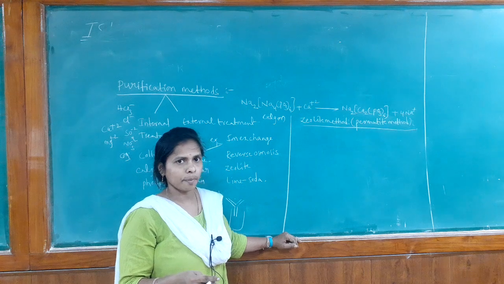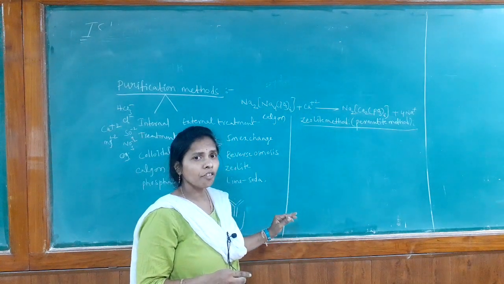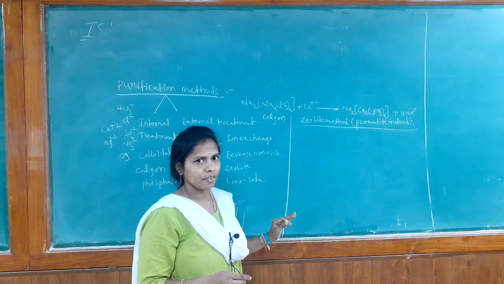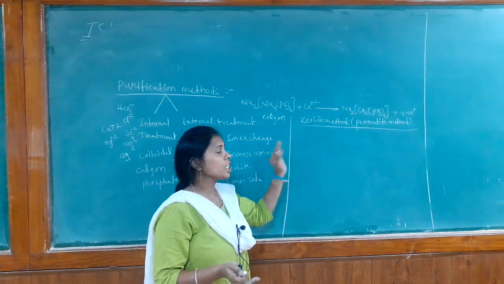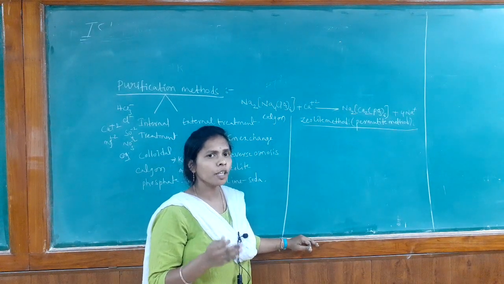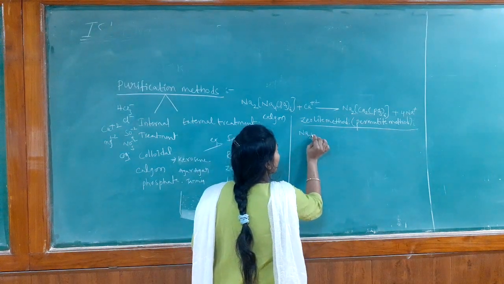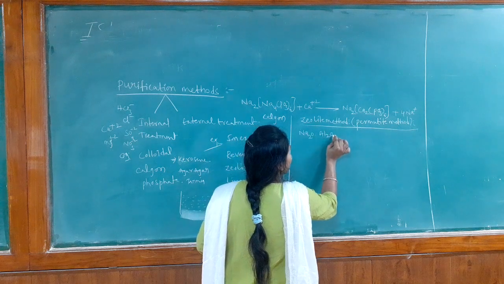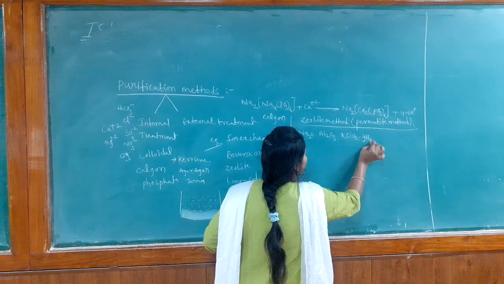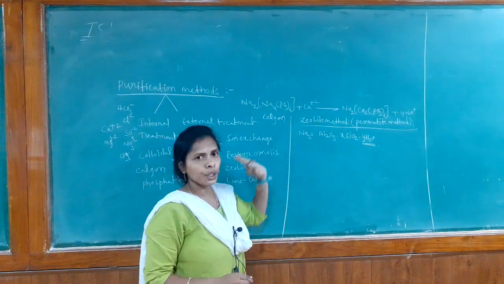The formula of zeolite is hydrated sodium aluminosilicate. Again I am repeating, zeolite is nothing but hydrated sodium aluminosilicate: Na2O.Al2O3.xSiO2.yH2O. This is the hydrated form, the formula of zeolite.